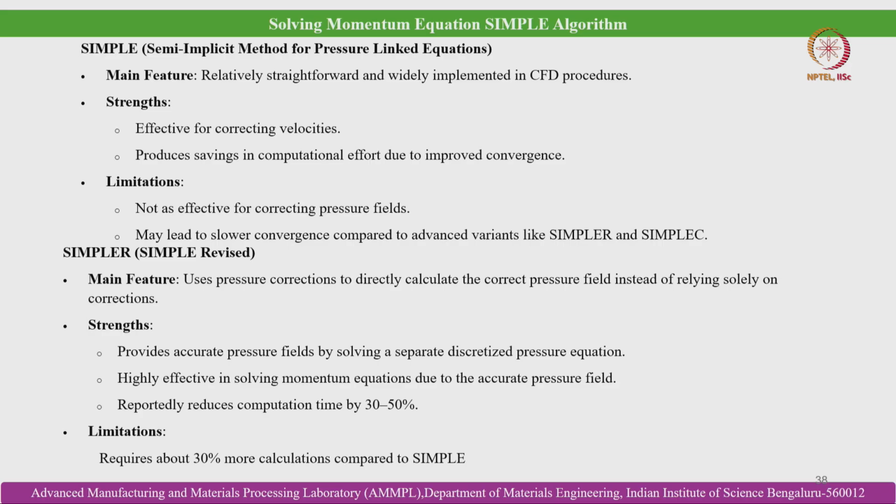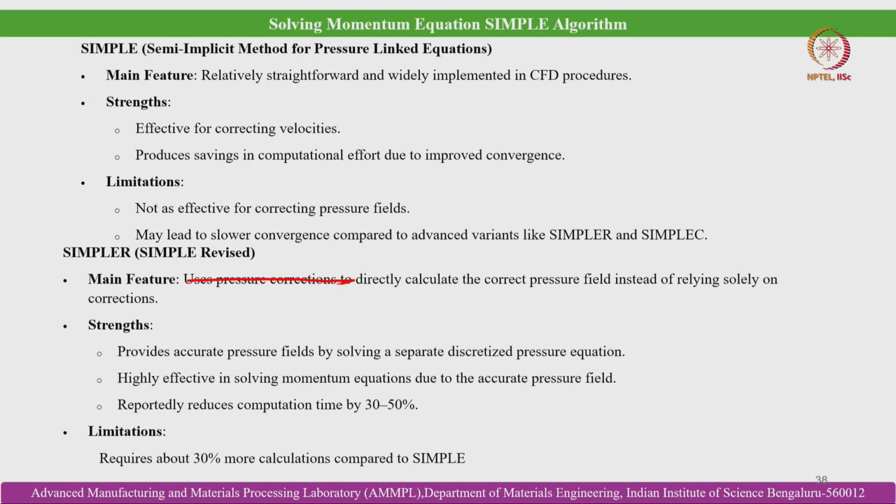So basically the simpler algorithm. Here please correct this statement: it directly calculates the corrected pressure field instead of relying on the corrections. The strengths are that it provides accurate pressure fields by solving a separate discretized pressure equation, and is highly effective in solving momentum equations due to the accurate pressure field.